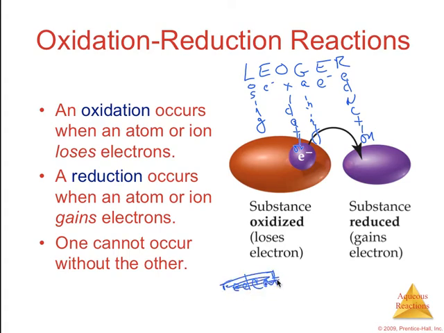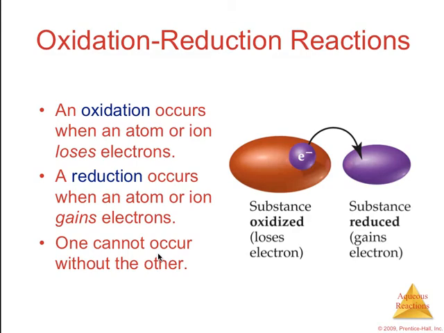Nope. That will apply much later. LEO says GER. Oh, the other one that I use, actually, boy, it's been a little while, is OIL RIG. Oxidation is losing electrons, reduction is gaining. So either one, whatever helps you to remember that oxidation is losing and reduction is gaining electrons.